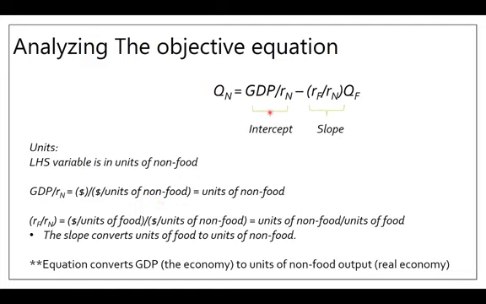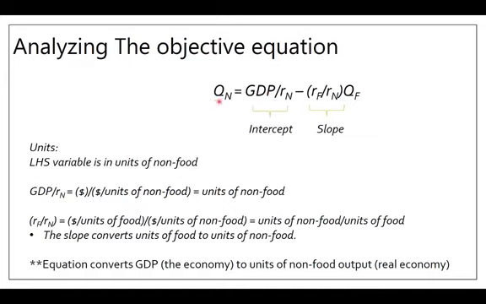If we just dismiss GDP for a moment and let it be some fixed value, then it becomes easy to think about our new equation as an intercept and slope form. So the relationship between non-food output and food output has a slope, RF over RN, the price ratio, and it has this intercept, this location for the graph.